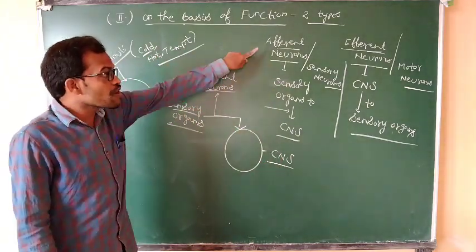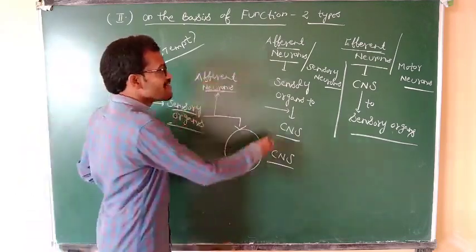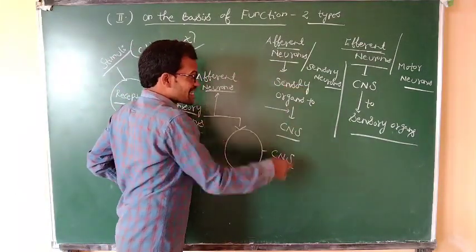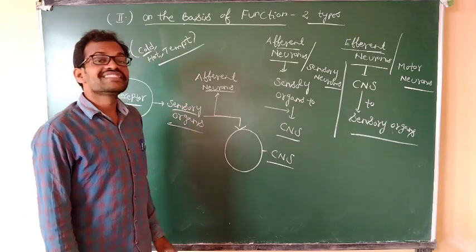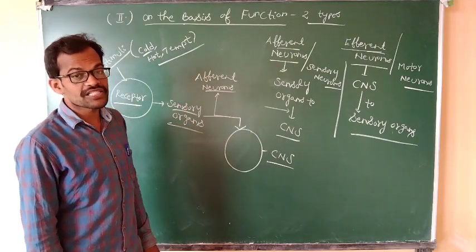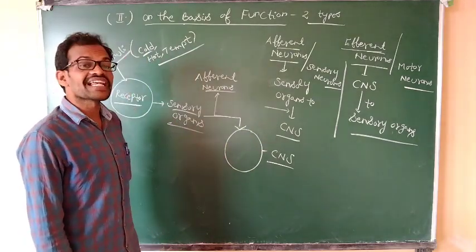The afferent neurons send the message from the sensory organs to the central nervous system.